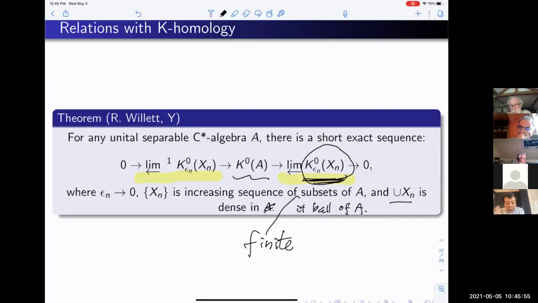Of course, their dimension is different from our dimension, so it's quite interesting to try to relate these two concepts of dimension. For example, the Cuntz algebra O2 is decomposable. In our article, we give quite a few concrete examples.